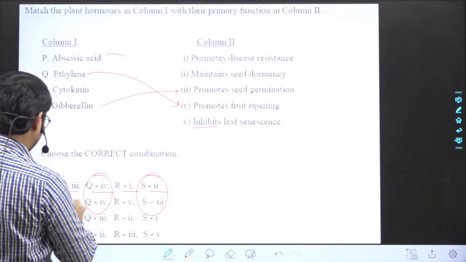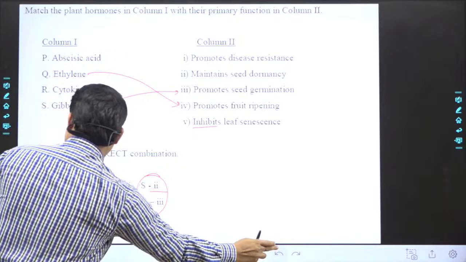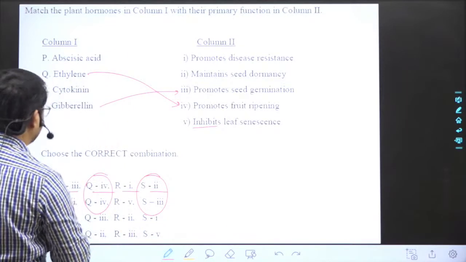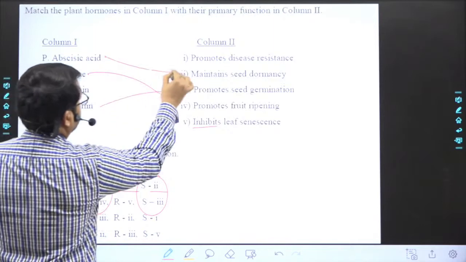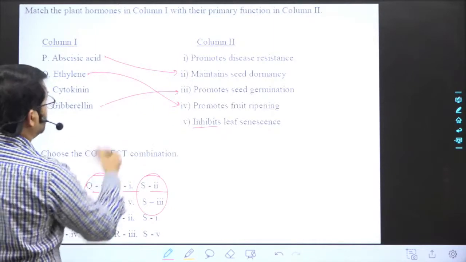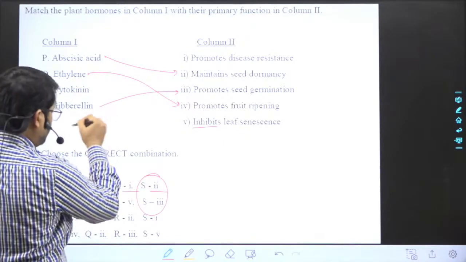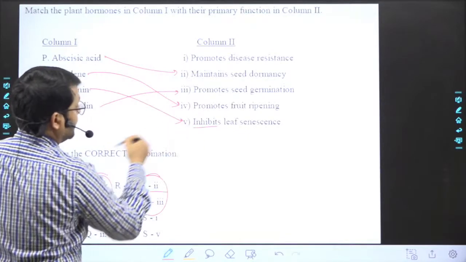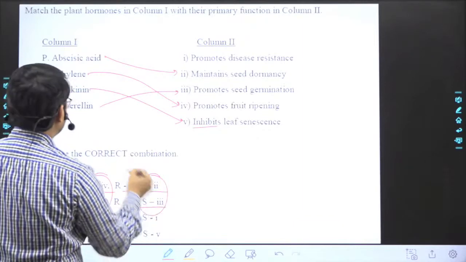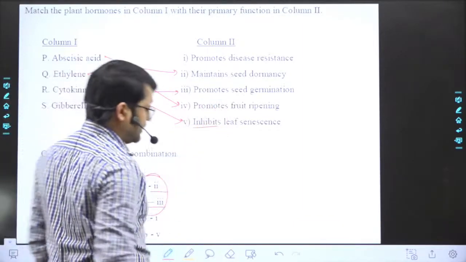Sorry, B, not A, it is B. Okay, so P is 2, that is, it maintains seed dormancy. Q is going to promote fruit ripening. R, cytokinin, it inhibits leaf senescence. And S is for 3, that is, it promotes seed germination.